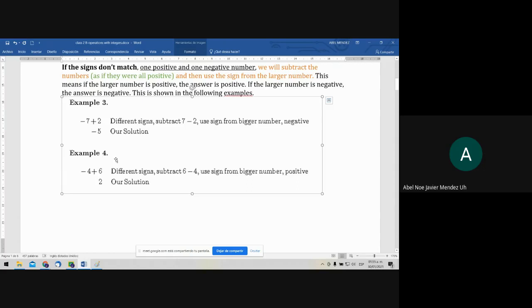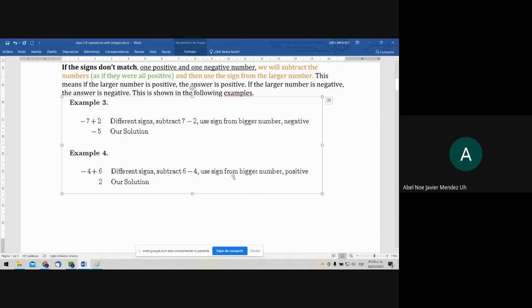Example number 4, we have here another subtraction. We have two numbers with different signs, one negative and one positive. We subtract 6 minus 4, and in this case the sign is positive, because the bigger number is the 6.